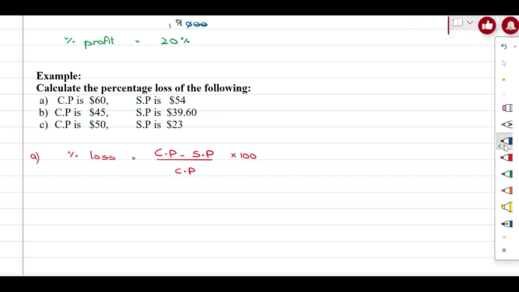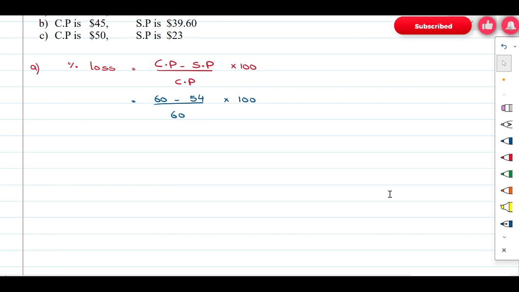Okay, now the percentage loss, this is the cost price for part A. The cost price is $60 minus the sale price is $54, divided by the cost price $60 and multiply by 100. Okay, from 60, if you take away 54, that is just 6 over 60 multiply by 100.